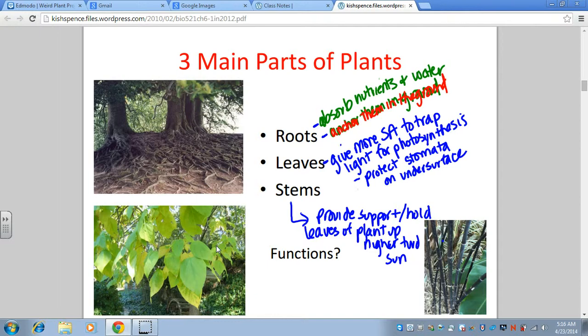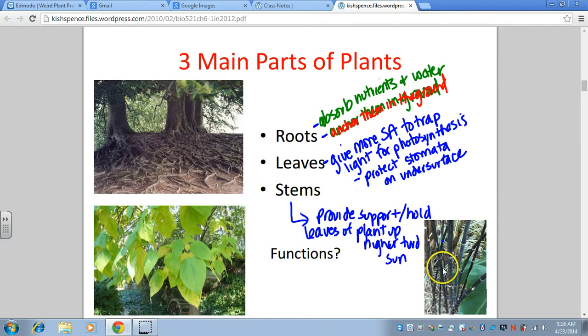There's some photosynthesis in other green parts of the plants, but the leaves give them the greater surface area to trap the sunlight. On the undersurface, we had taken a look at the little stomata, the little holes that the gases can pass through, and so they're found on the underside so that they kind of have protection from debris and other things that could fall on the top of the leaves.